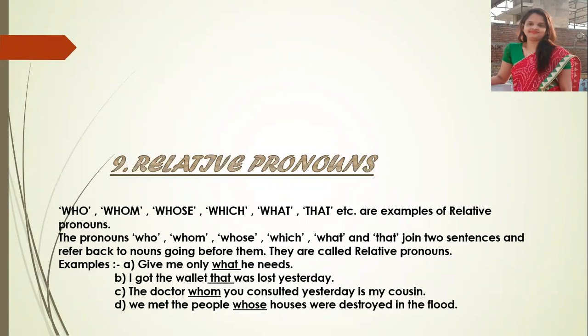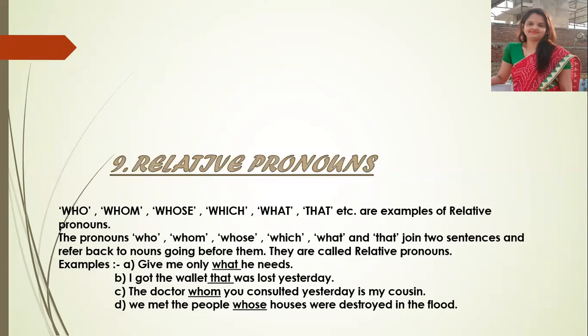The next is: the doctor whom you consulted yesterday is my cousin. The doctor whom means the doctor to whom you have consulted is my cousin, means there is a relation between the doctor and the cousin.